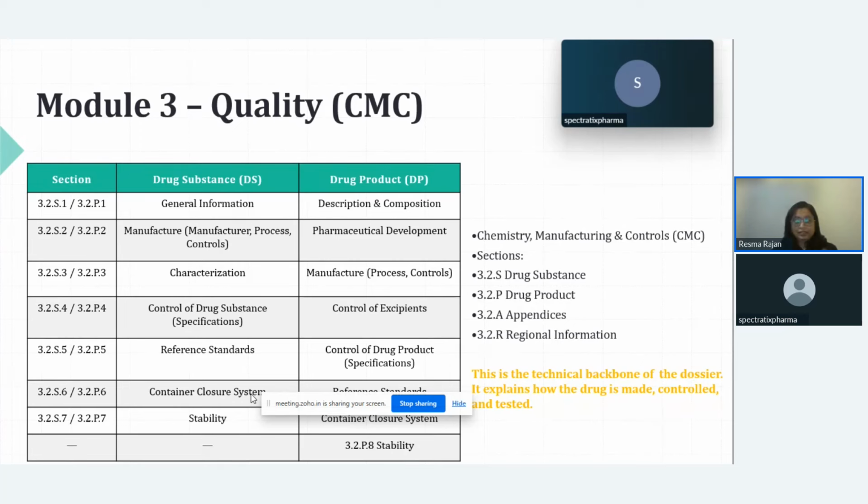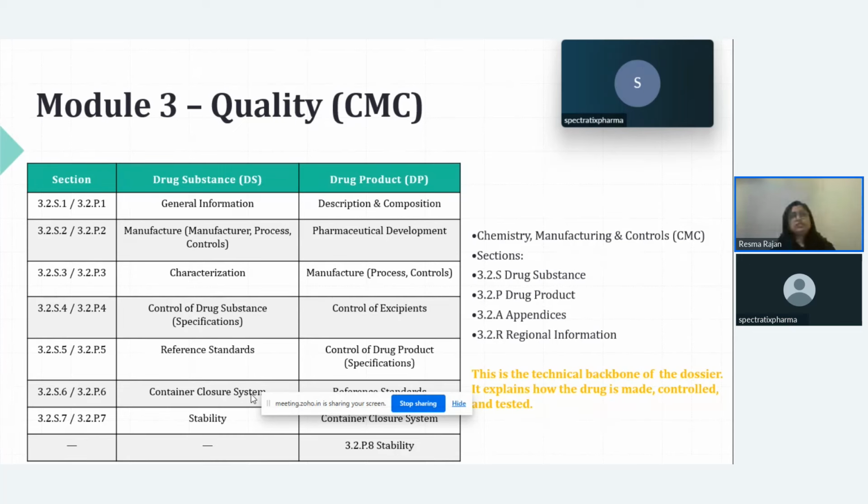You might have seen brown bottle drugs also, because they are light sensitive. That is the reason they pack them in brown bottles. So if it is light sensitive, how much? First of all, we have to set a certain shelf life period for this product.